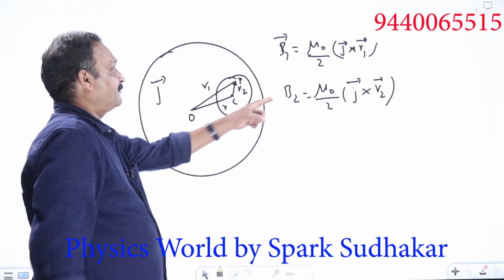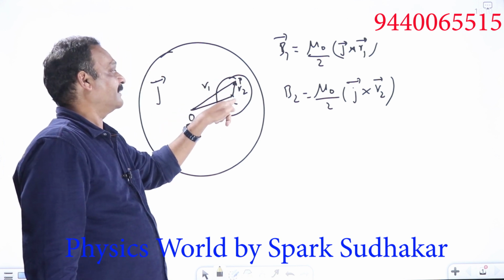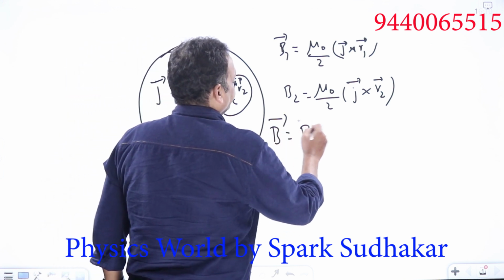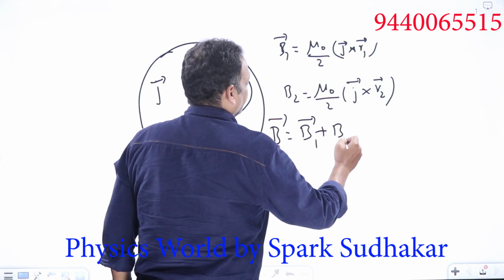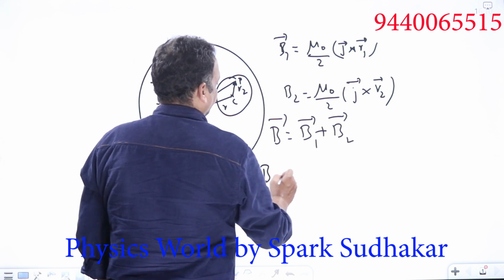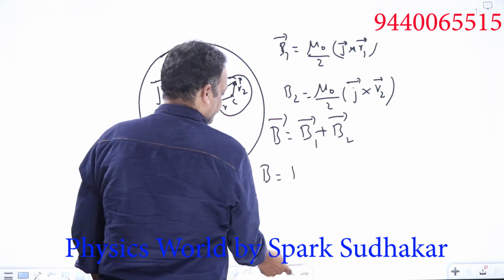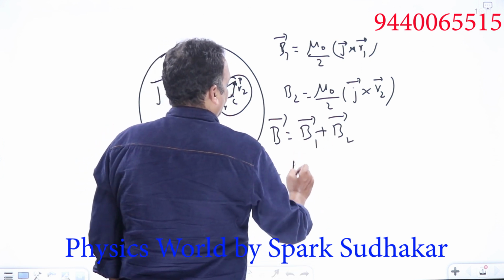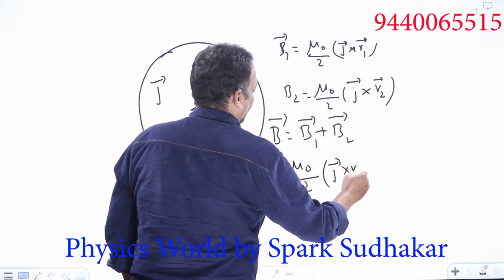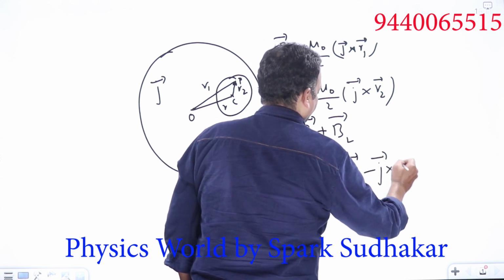This much field would have come if there were a current in this segment also, but there is no current here, which means the resultant field B is the difference of B1 bar and B2 bar. We have to remove this one, so I'll write B bar equals mu naught by 2, taking it common, J bar cross R1 bar minus J bar cross R2 bar.